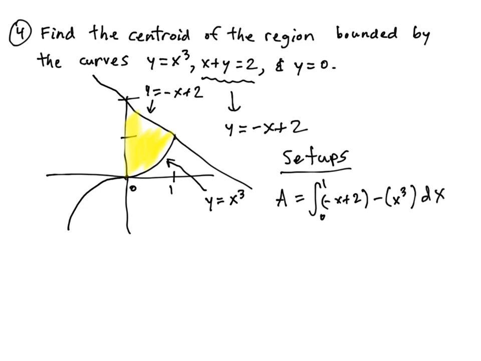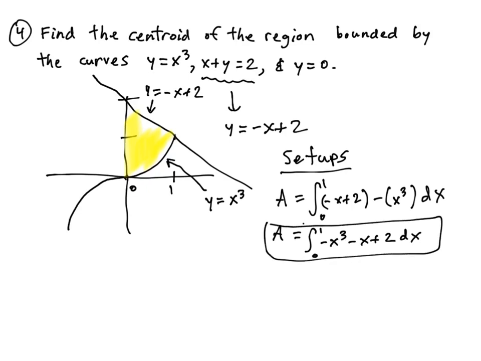Now, this is not a difficult integral to do, but I will leave it fully set up, which means I'll go ahead and get rid of that minus sign in the middle, and I'm going to write it in descending order. It becomes negative x cubed minus x plus 2. So this becomes our area.